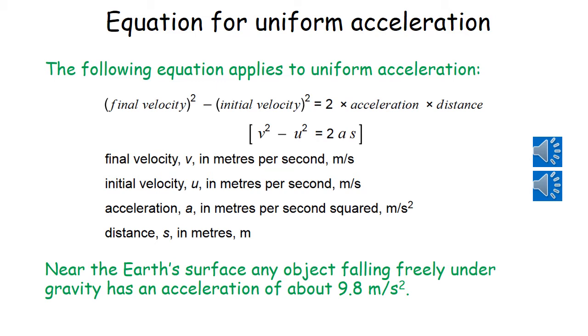This is an abbreviation for the Latin spatium, which is the Latin word for the space between 2 points. We then have the unit for time is seconds, which is also abbreviated to an s.